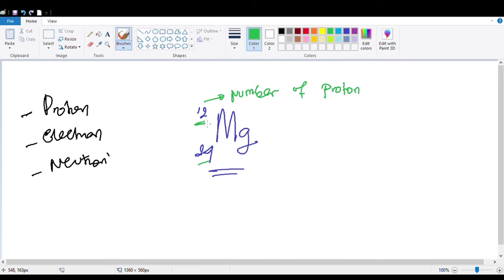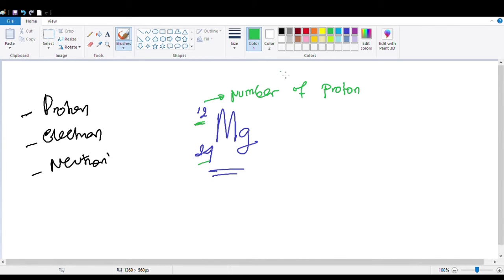All right. So now you know that 12 represents the proton. And again, how about the electron? If you remember, I mentioned that in the normal structure of atom, the atom has neutral charge because it has the same number of protons and electrons.